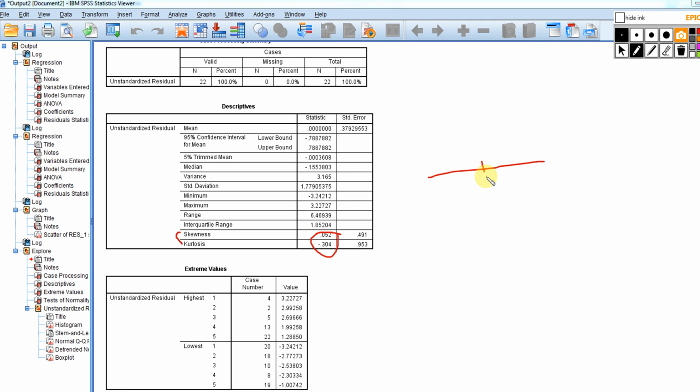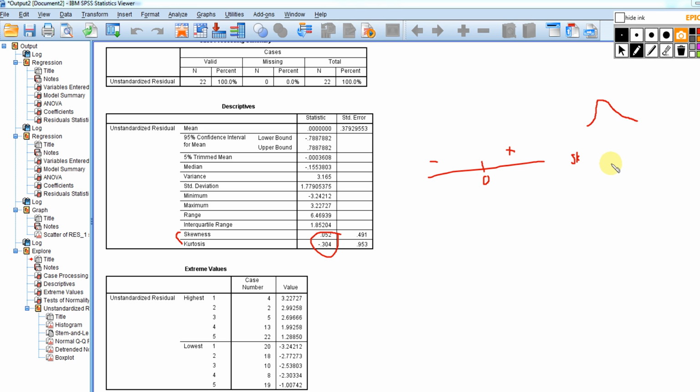A positive value would reflect positive skew, and a negative value would reflect negative skew. So, a positively skewed distribution would look something like this. A negatively skewed distribution would have a distributional shape that looks more like this. So this is a positive skew, and this would be a negative skew.